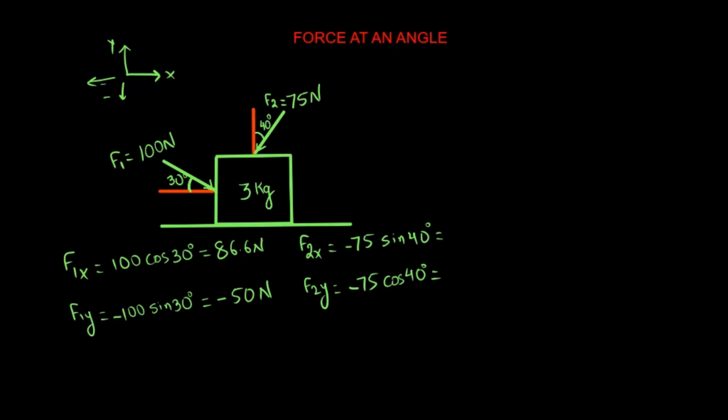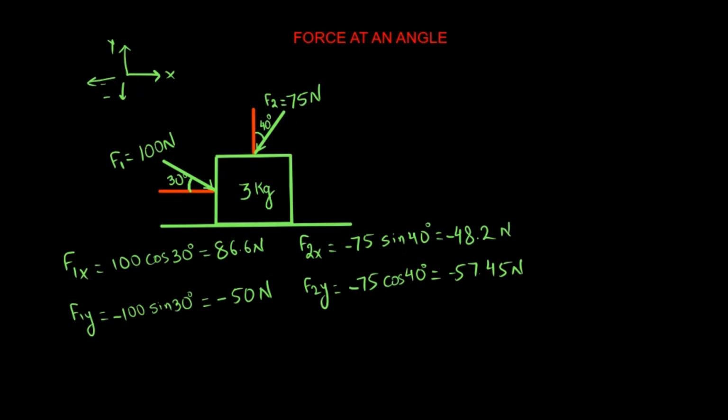Then we have 75 times sine 40 degrees. It's 48.2 newtons with a minus sign. And finally we have 75 times cos 40 degrees. It's 57.45 with a minus sign, and they are all newtons.